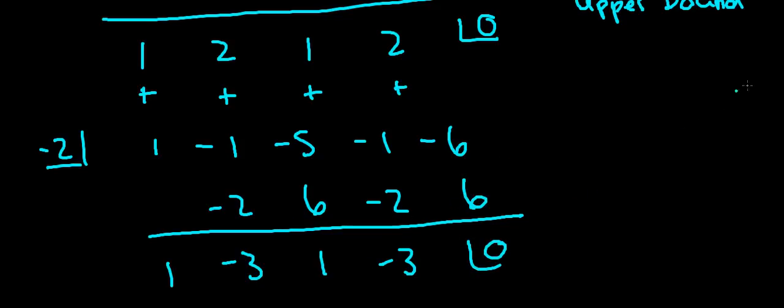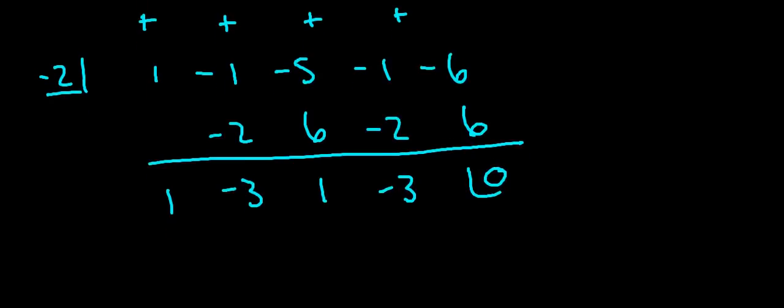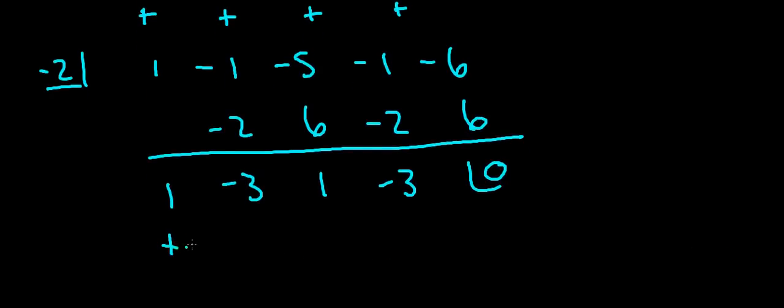So minus 2 is a factor, but let's see if it's a lower bound. We have a positive, we have a minus, we have a positive, we have a minus. So these are alternating signs, therefore x equals negative 2 is a lower bound.